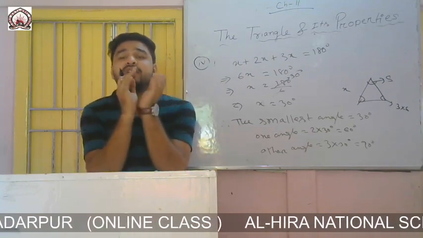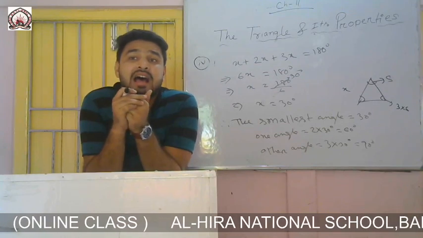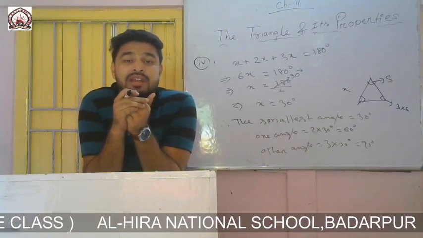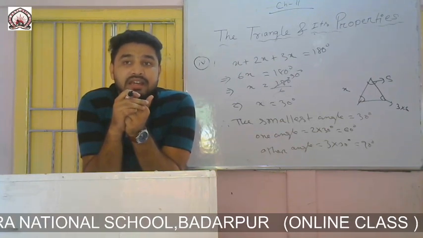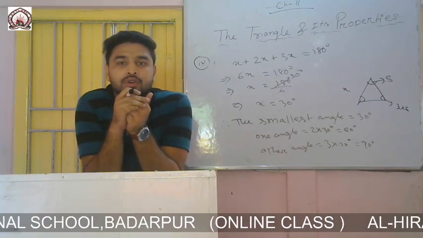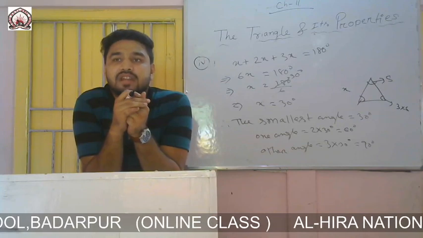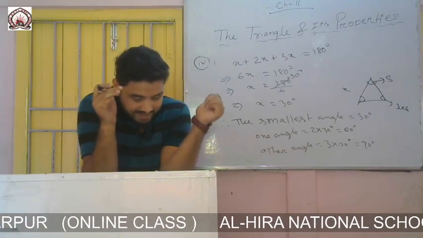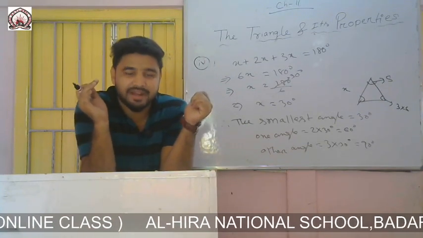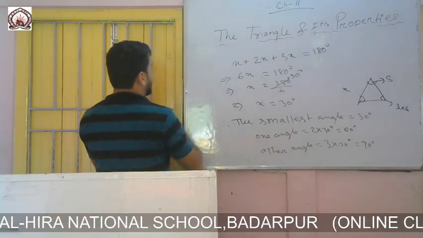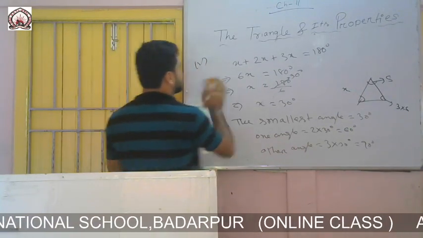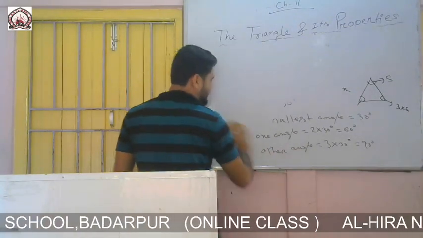So if the angles are in the ratio, then we let it as x. That means if it is given 3:7, then we will let it as thrice x and 7x. So look at the blackboard. I will show how to solve question number 5.